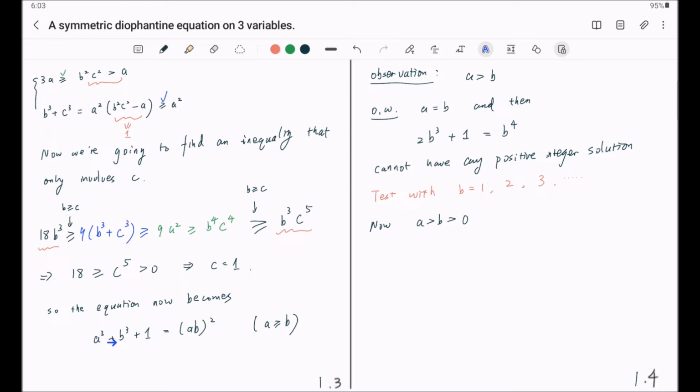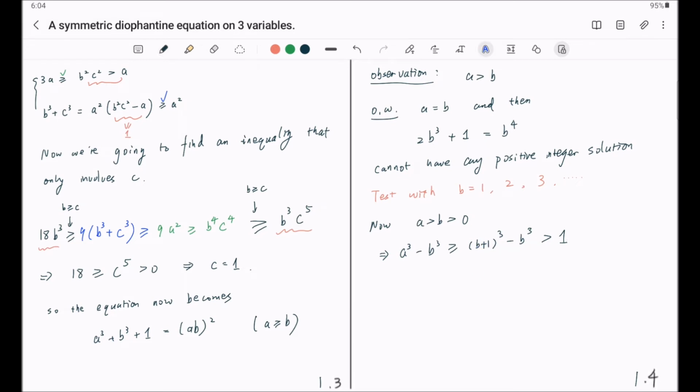And look at the solution set to this equation. We first observe that this relation implies that A cubed minus B cubed is bigger or equal to B plus 1 cubed minus B cubed, which is strictly bigger than 1.